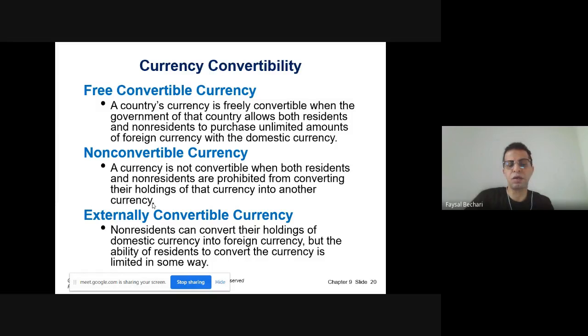Externally convertible currencies are those where non-residents can convert their holding of domestic currency into foreign currencies, but the ability of residents to convert the currency is limited in some way. That's applicable, for example, in Iran, in Venezuela, and up to a certain level in other countries, and I assume in Bangladesh it's the same, and Nepal.